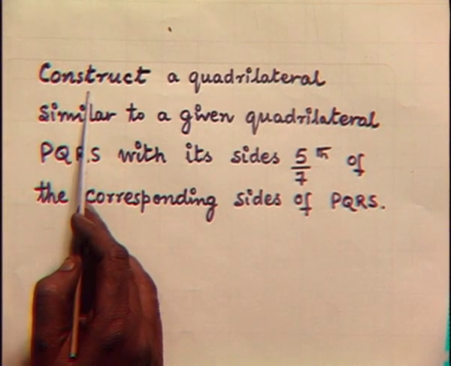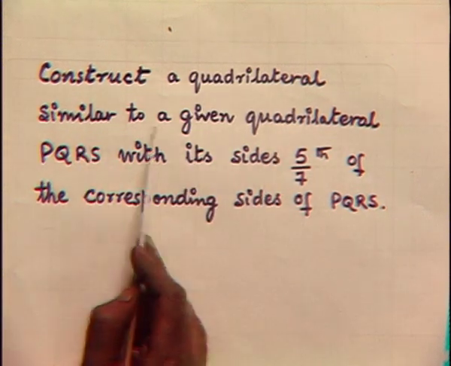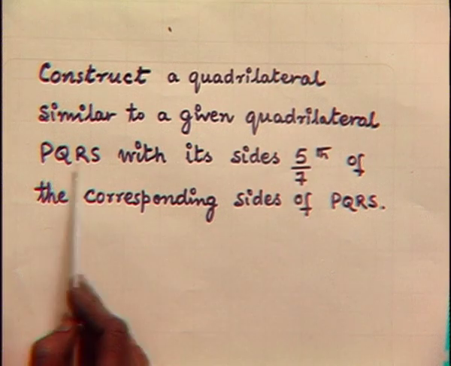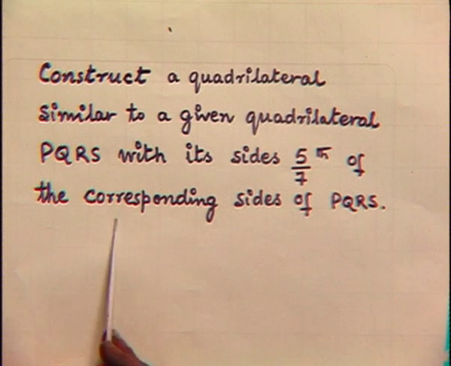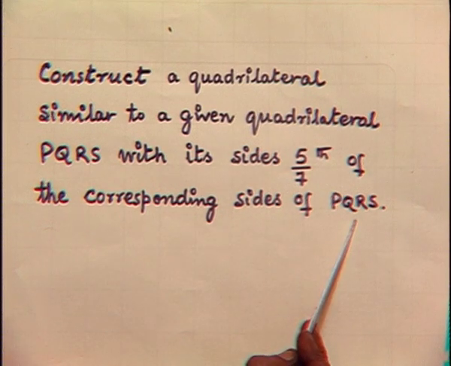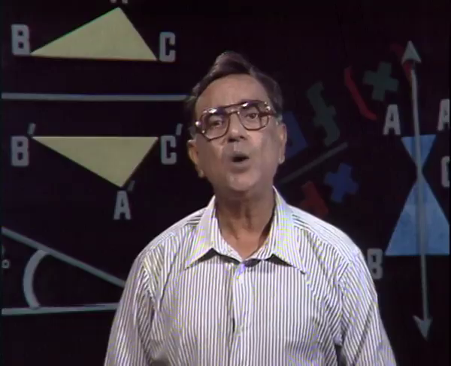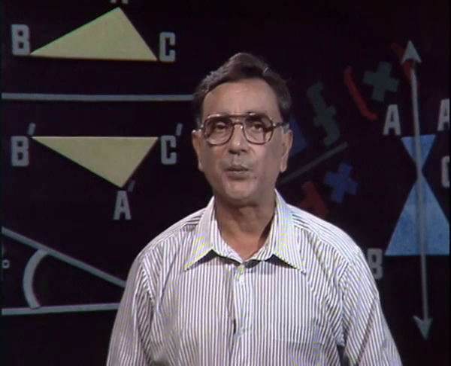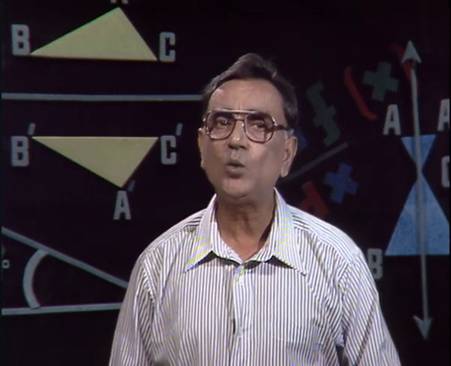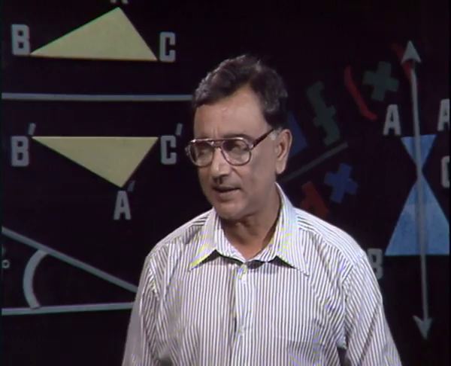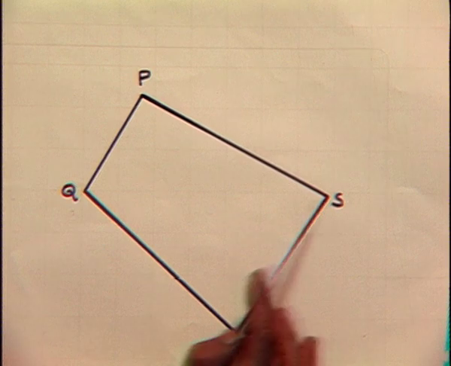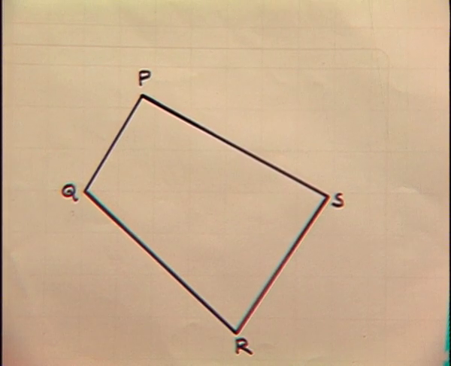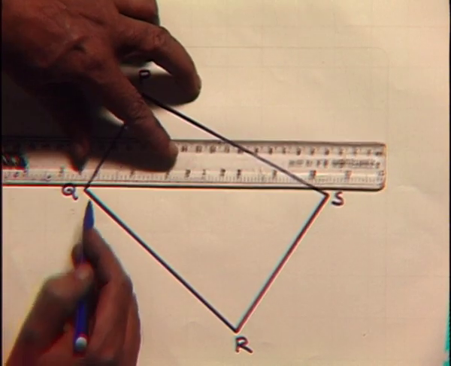Here construct a quadrilateral similar to a given quadrilateral PQRS with its sides 5/7 of the corresponding sides of PQRS. Now, to construct this, what we will do? We will have the required quadrilateral which is PQRS, P, Q, R and S, and firstly we shall join its diagonal QS.